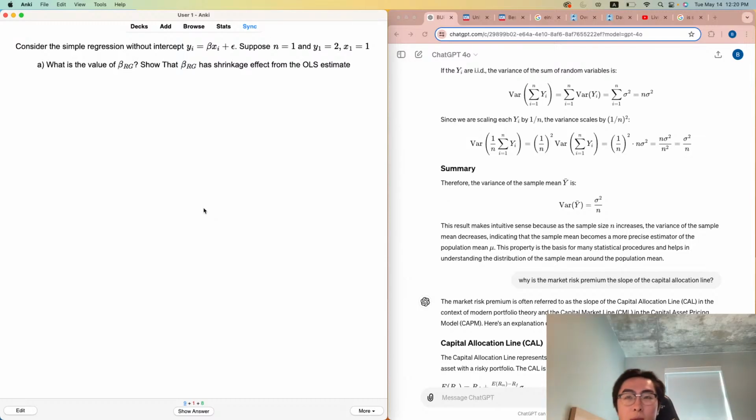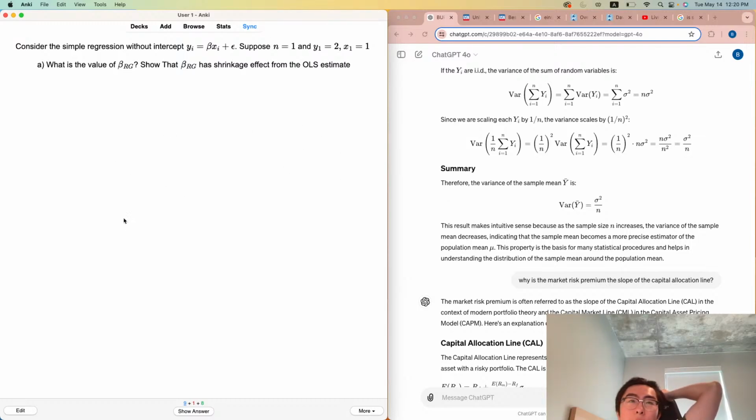Okay, so in order to find the beta ridge, we have to actually minimize the function, right? I totally forgot about that. So we have to minimize this function with respect to beta ridge. So it'll be (2 minus beta ridge) squared plus lambda beta ridge squared.